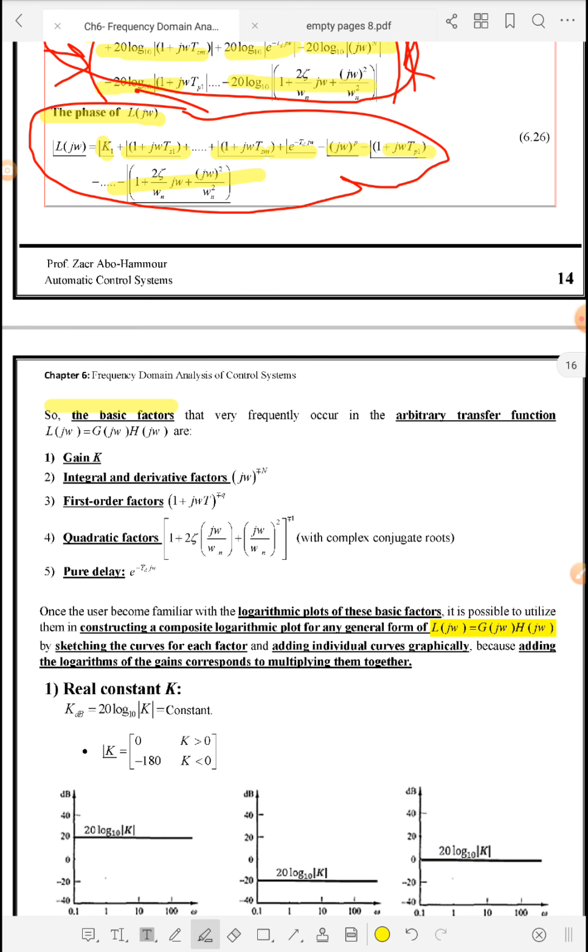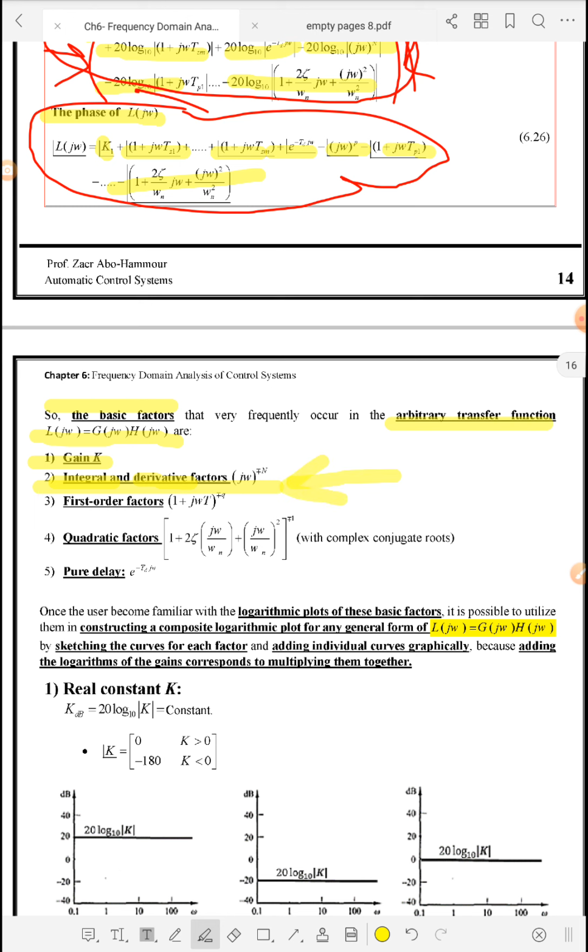For any arbitrary loop transfer function, they are: number 1 is the gain, K. Number 2 is the system type, or if there are any zeros, so they are integral or derivative. That means that they are poles or zeros at the origin.